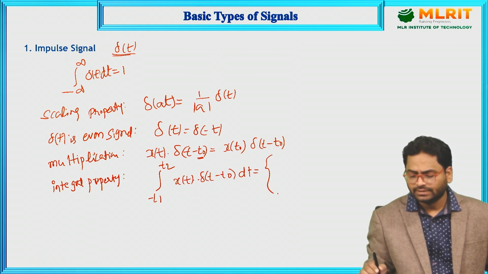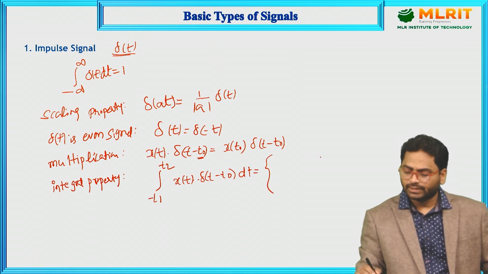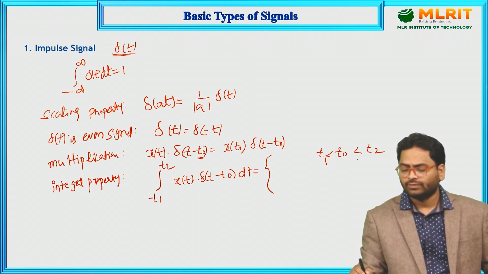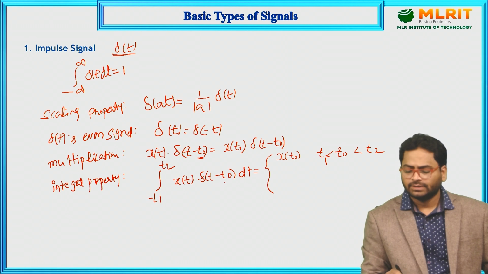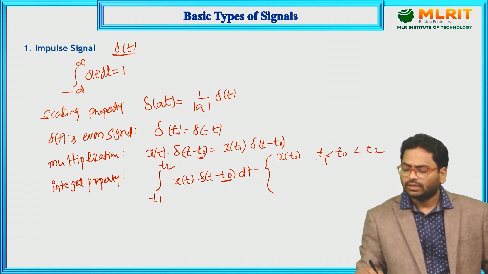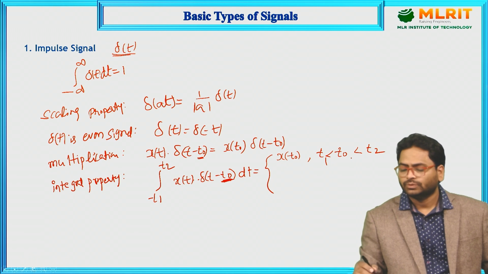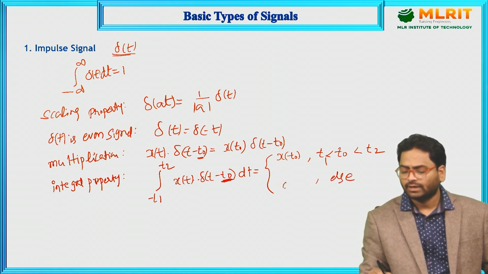Its result depends on whether t naught lies between t1 and t2. If t naught is between t1 and t2, then the result is x of t naught; the shift moves directly to t naught and we take the value at t naught. Otherwise, the value is 0.